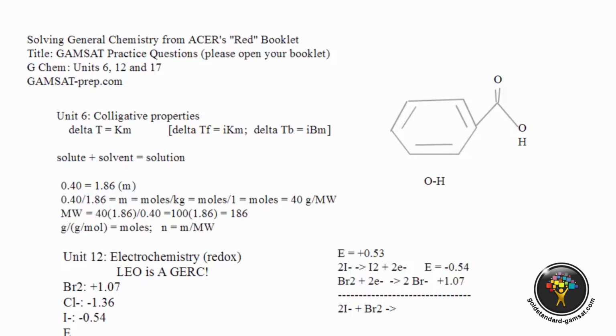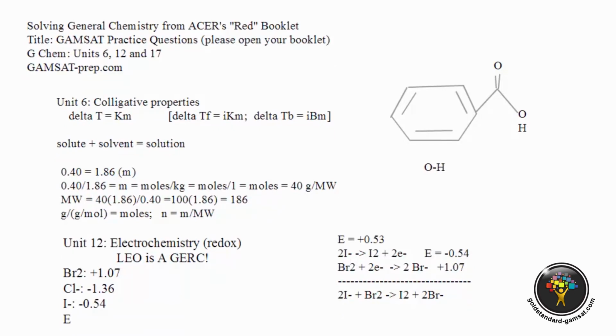It's logical, right? And this makes I2 plus 2 Br minus. Now, do you see the beauty of it? The electrons cancel on both sides, and now we add the E0 values of the 2 half reactions.